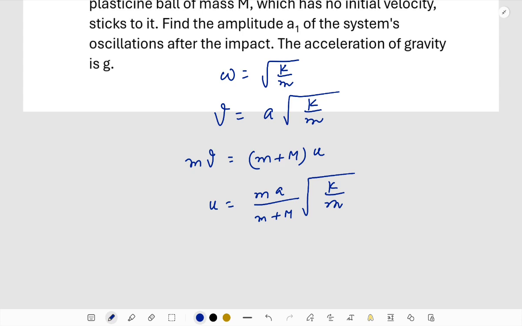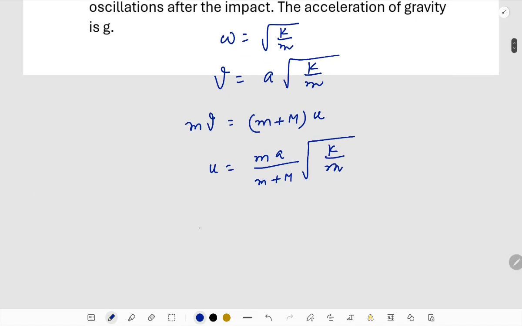Mechanical energy of the system will remain constant. At this moment it is passing through the equilibrium position, and I will take the equilibrium position of the system right now as the datum where potential energy can be taken as 0, so that they will have kinetic energy only at this moment.